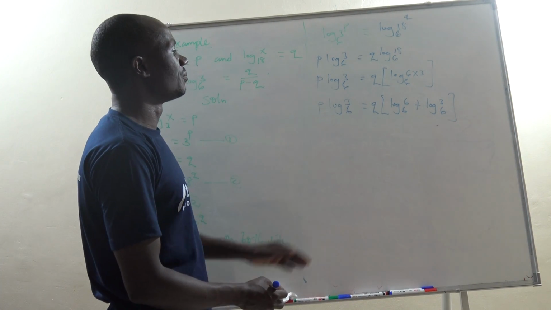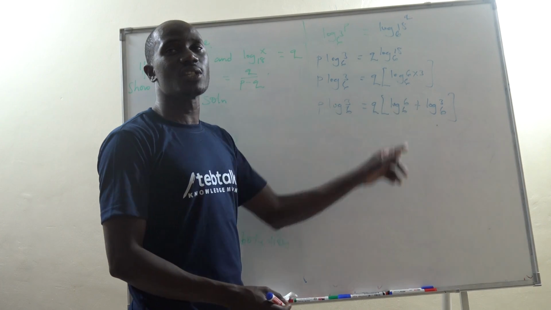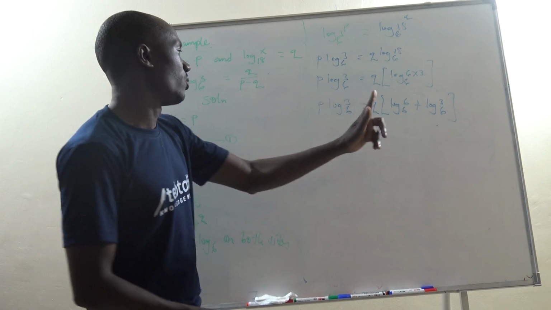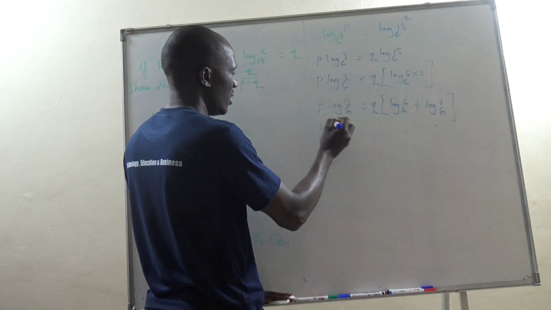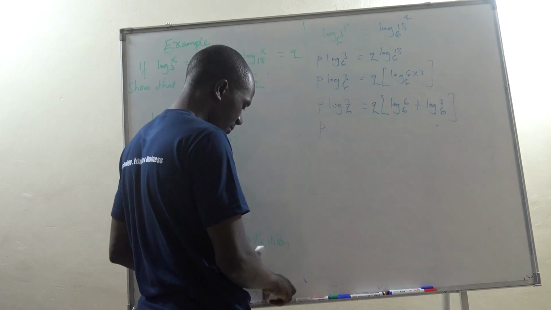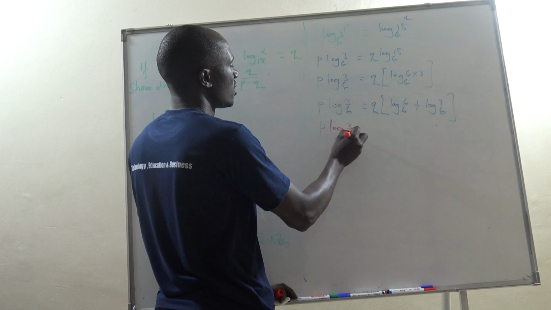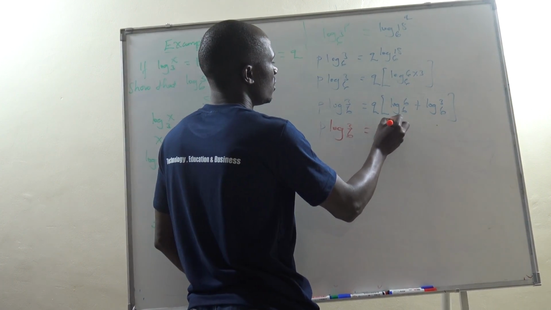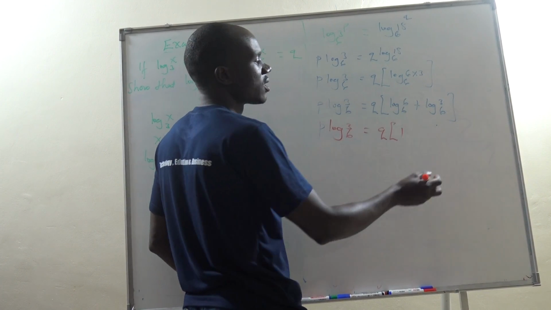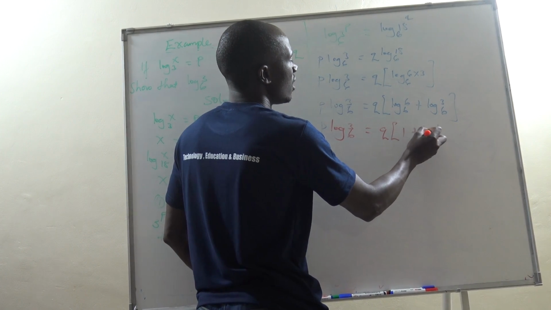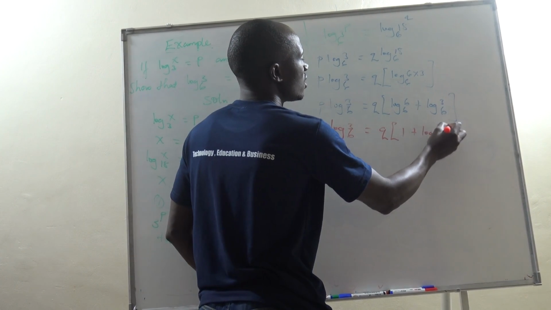Log of 6 base 6 is the same as 1. We now substitute it: p log of 3 base 6 equals q into 1 plus log of 3 base 6.